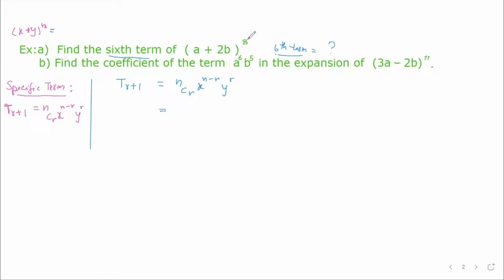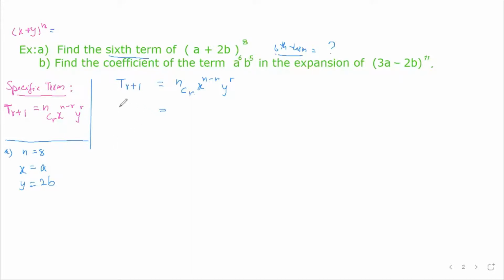So from this question A, we write down n is right now equal to 8, and x equals a now, and y equals 2b. So y equals 2b.